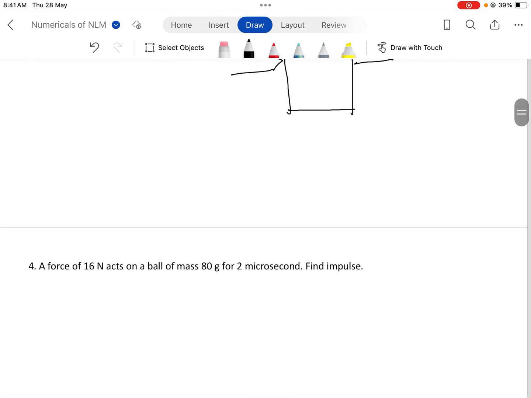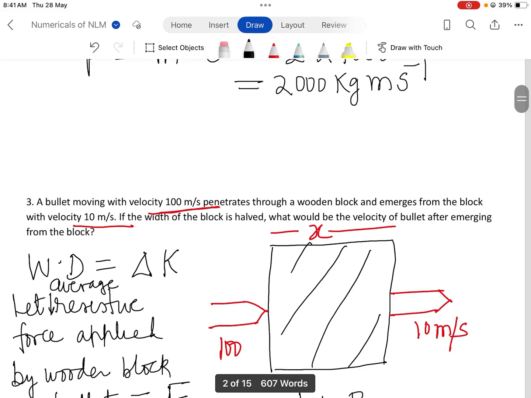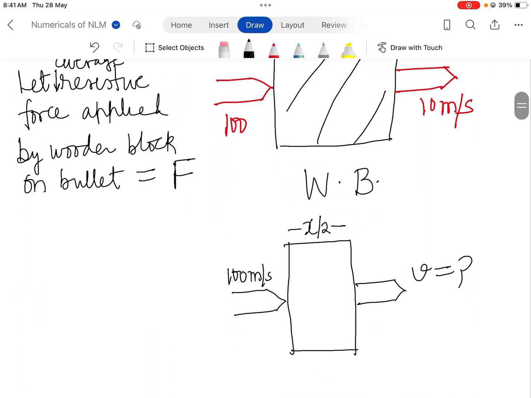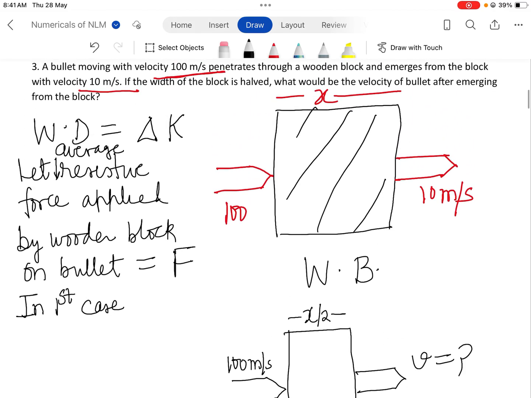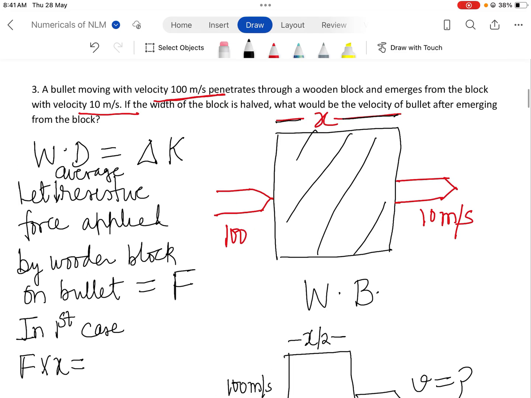So what will be the work done in the first case? This force is acting up to what distance? Up to x distance. F into x equals change in kinetic energy. Initial kinetic energy will be more, final will be less. What is the formula of kinetic energy? 1/2 m v square.